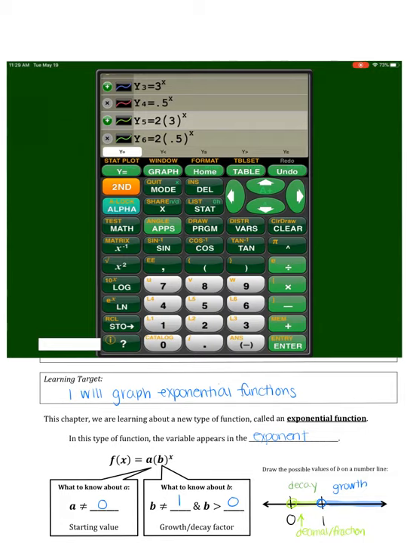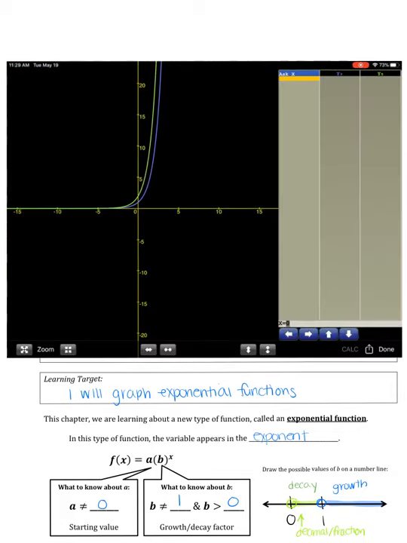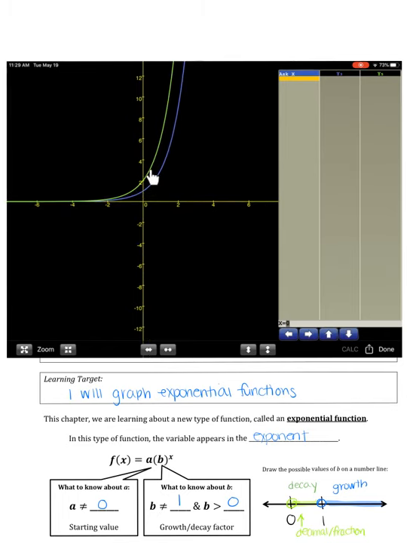Let's graph both of those. Blue is our original and green is our new. Notice that blue is y equals 3 to the x, and green is 2 times 3 to the x. And notice that the green just climbs up a little bit faster. It gets y values bigger, because when you multiply your answer each time by 2, it grows a lot faster.